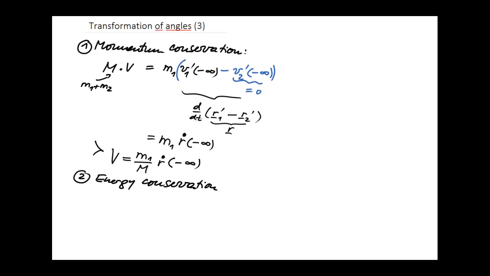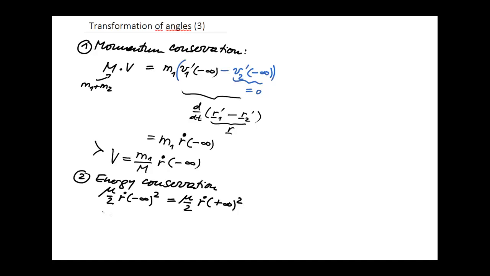So the total energy at time minus infinity is given only by kinetic energy. That's the reduced mass over 2 times the velocity at time minus infinity squared. And long after the scattering process, again, we have only kinetic energy. It's again reduced mass over 2 times velocity, now at time plus infinity squared.